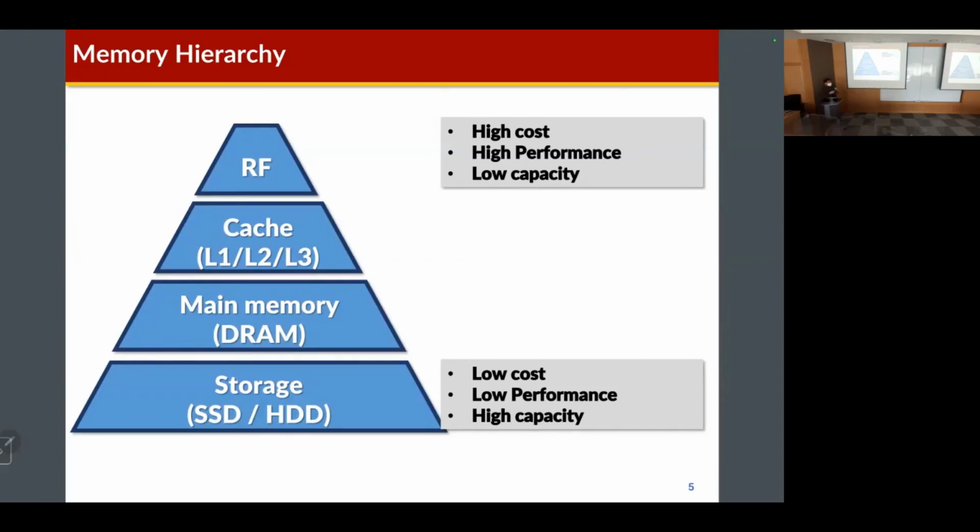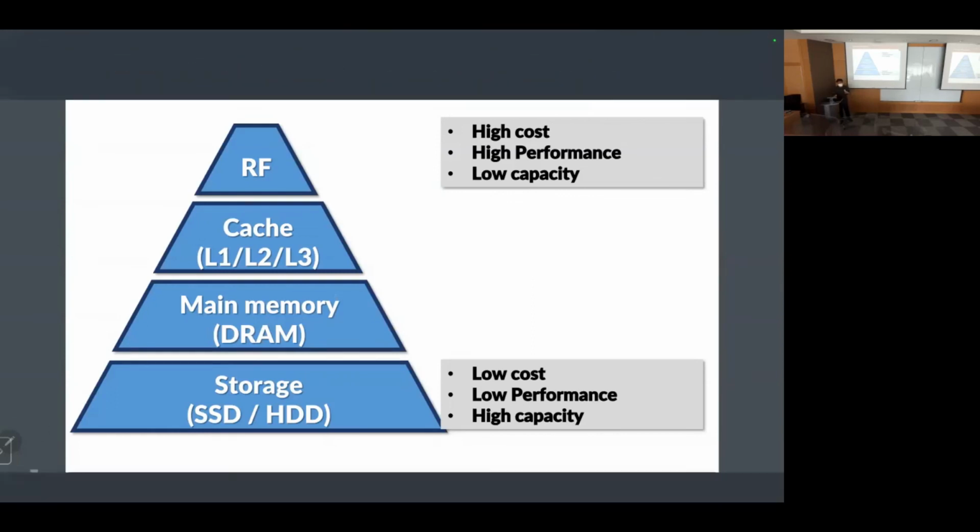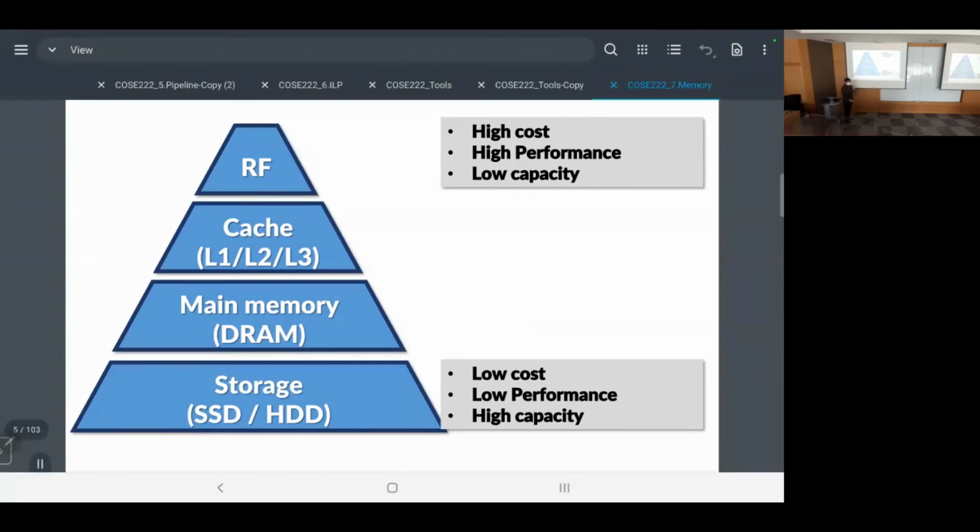Later on I will show you the cache. The register file and caches are very small and very fast, but all our data is in the main memory, which means that it's slow.